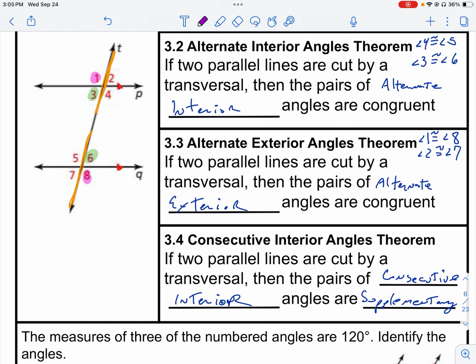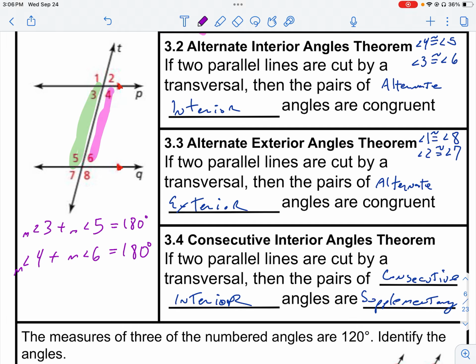So what we're going to get based on our vertical angles, our alternate interior angles, our alternate exterior angles, is that the measure of angle 3 plus the measure of angle 5 is 180 degrees, and the measure of angle 4 plus the measure of angle 6 equals 180 degrees as well.